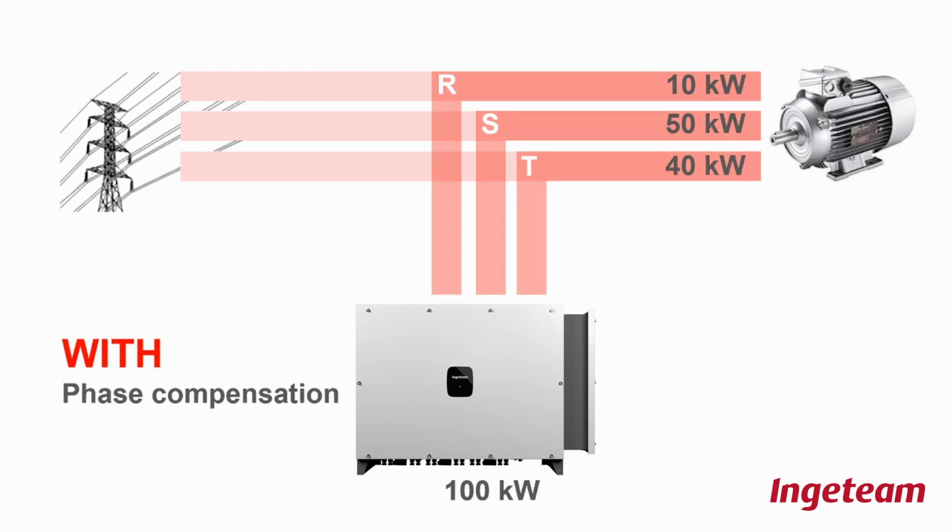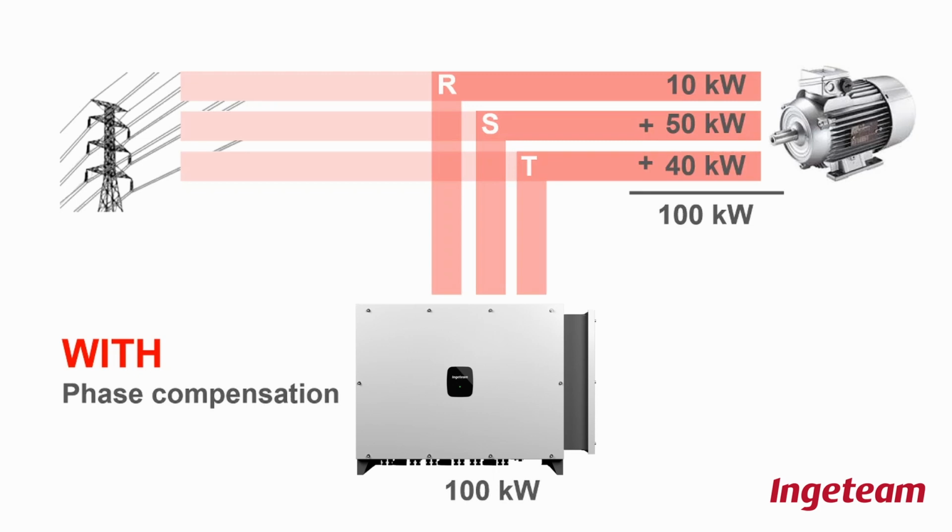As we have commented, in the consumption block, the sum of the power consumed in each of the three phases is considered. In this case, we would consider a consumption of 10 plus 50 plus 40 kilowatts, that is 100 kilowatts. This is the consumption that the inverter tries to compensate by producing a power equal to 100 kilowatts.